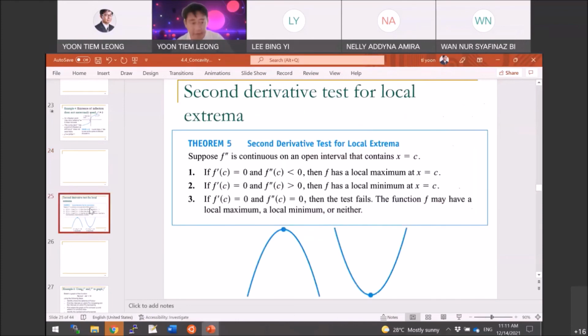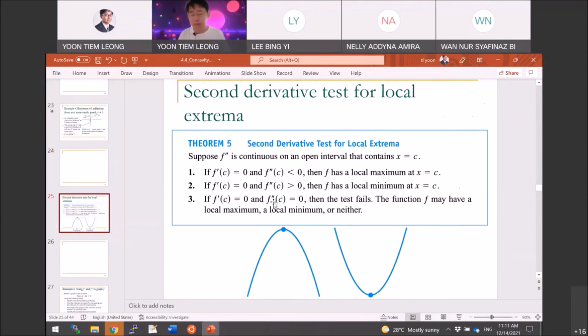Now you could also have a third situation where f prime is 0, but f double prime is 0 as well. In that situation, you cannot say for sure whether that point is a local maximum or local minimum. It could be, it could not be. It is possible you have f prime of c equals 0, but it is not a local extremum.